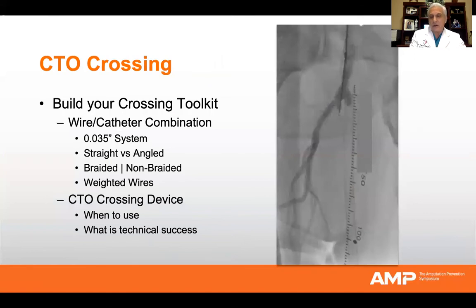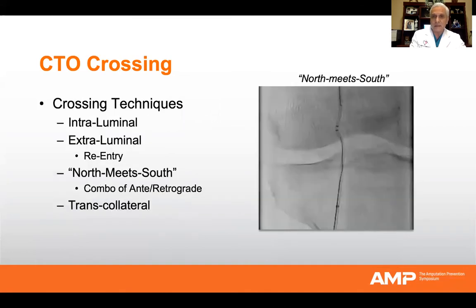Crossing CTOs: all of us have different ways of crossing CTOs. My recommendation would be to just find a few wires and a few catheters that work for you and be comfortable with them. Then there are different techniques: intraluminal or extraluminal reentry devices, north meets south techniques, or transcollateral techniques.